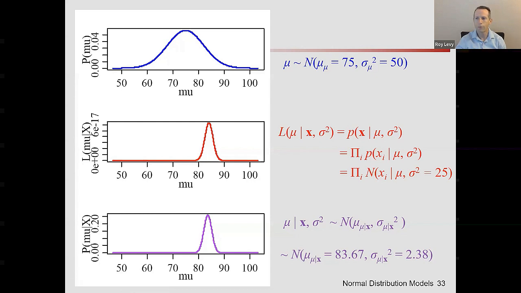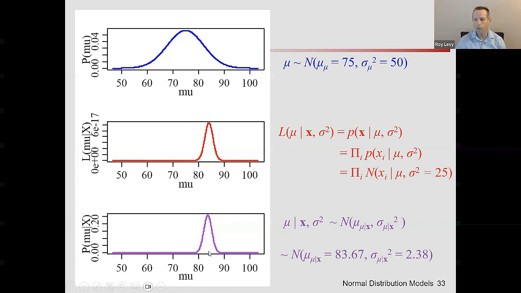The posterior distribution is literally a combination, a synthesis of these 2 sources of information. It's a product of the, if you like, the height of the curve in blue times the height of the curve in red gives us the height of the curve in purple, the posterior distribution.